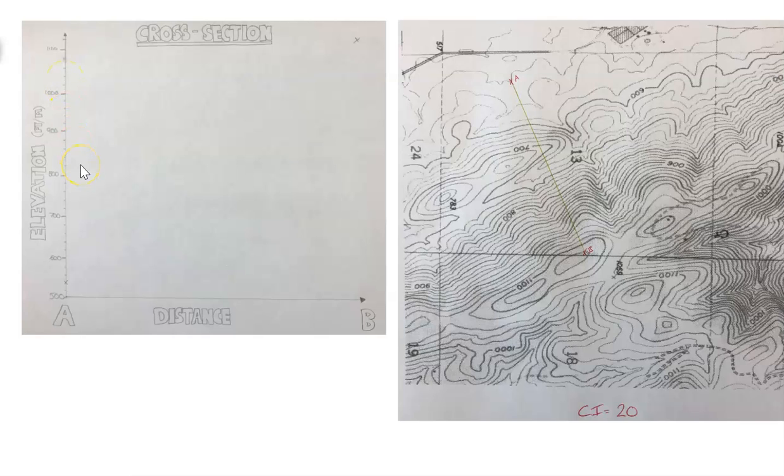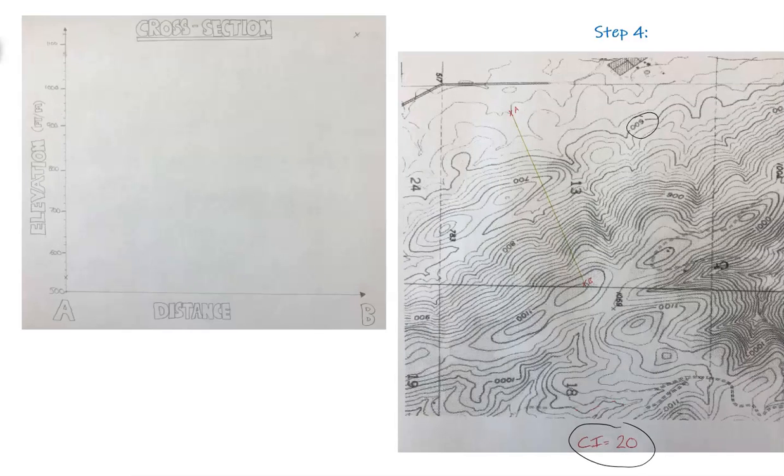Now, how do I get those numbers? Well, we're using my contour interval of 20. I have this line here, which is 600 going around, and if I come around to where my green line is, the AB line, the straight line, I can go down. So this will be 600.